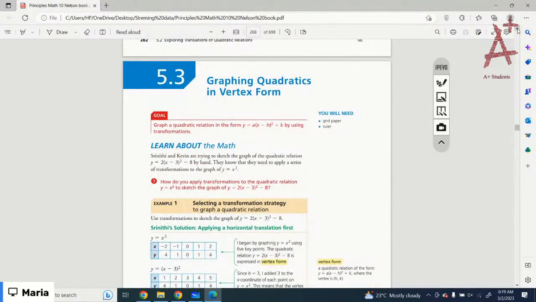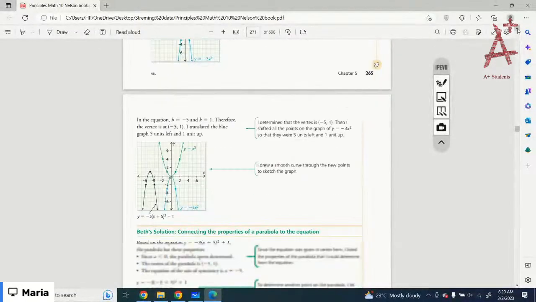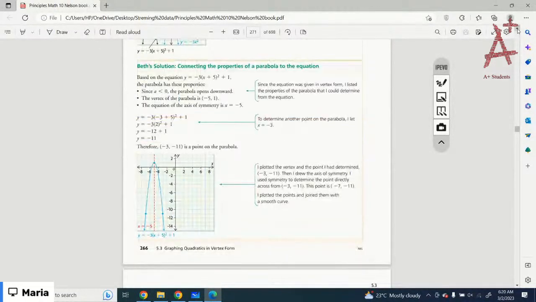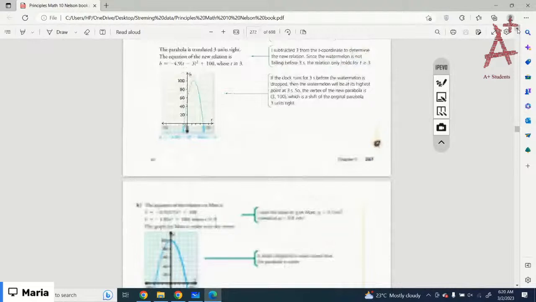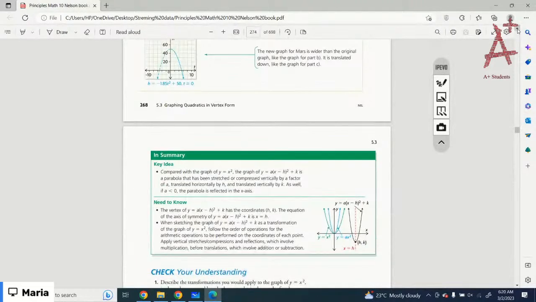Got it? Vertex form of the equation is y equals a times (x minus h) whole square plus k. That is the vertex form. Got it? Where h and k are the vertex.